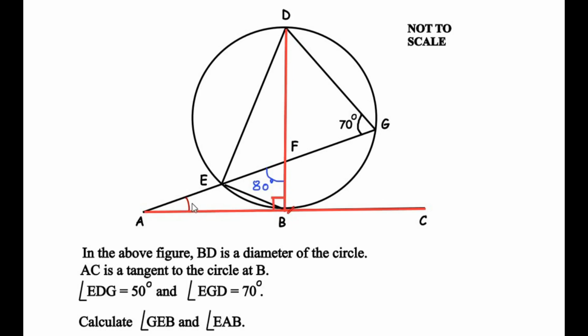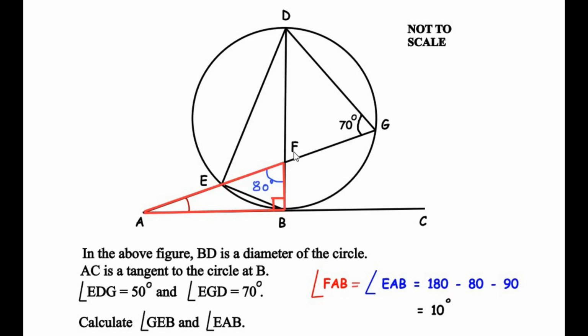Now a final step. Let us consider the triangle AFB. Now since this is a right angled triangle, right angled at point B, we also have the value of angle F as 80 degree. We can easily find out the value of angle A by using the angle sum property of a triangle. So here simply we need to subtract these 2 angles from 180 degree to get angle FAB or angle EAB.